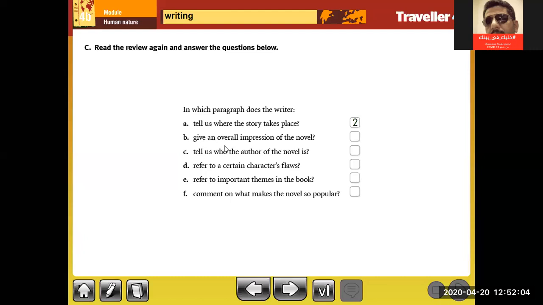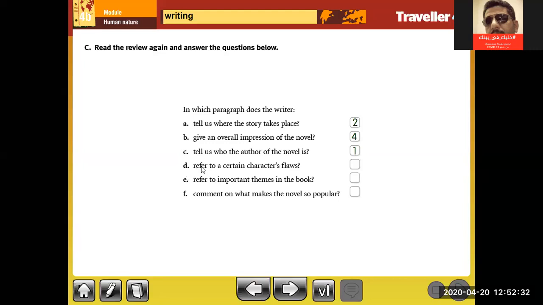B. Give an overall impression of the novel. He expresses his opinion of the novel in paragraph 4. C. Tell us who the author of the novel is, who is the writer. In which paragraph does he tell us who the author of the novel is? In paragraph 1. This is by Jules Verne.